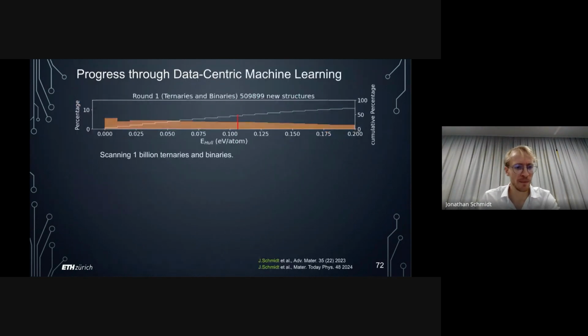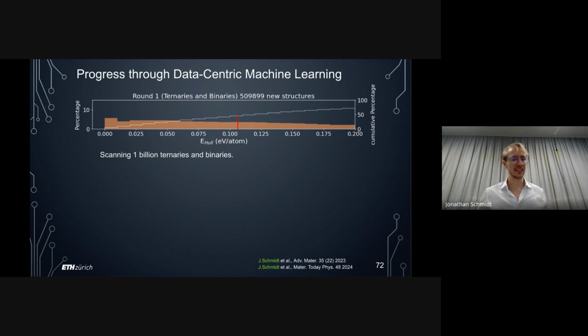1%. And so over the last years, we have then done a lot of these calculations, and we just retrained our networks after several rounds. So first after these 400,000 compounds, then we did predictions for 1 billion ternary and binary compounds, doing around 500,000 calculations. And then our median distance to the convex hull was around 100 milli-electron-volt per atom.